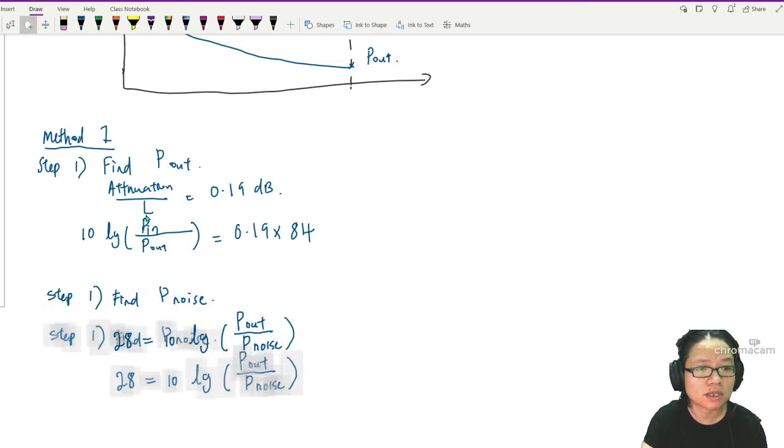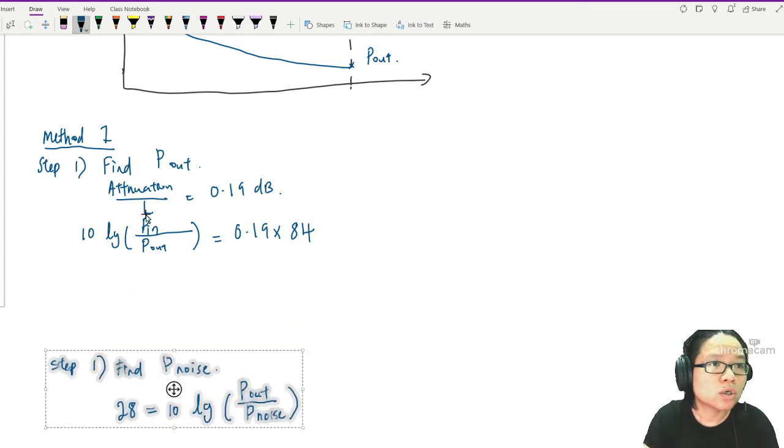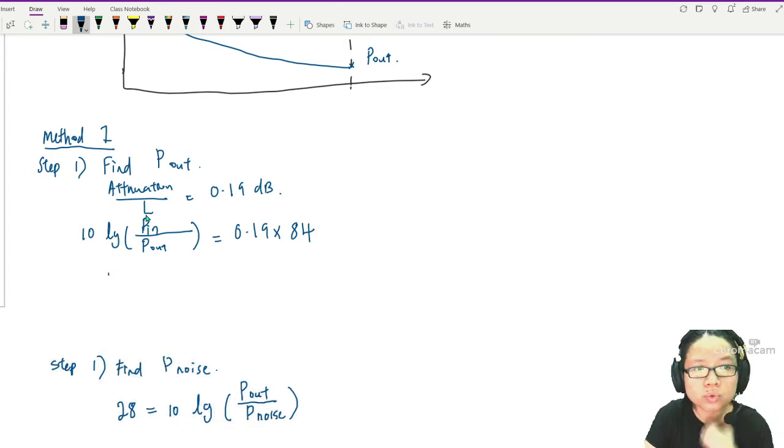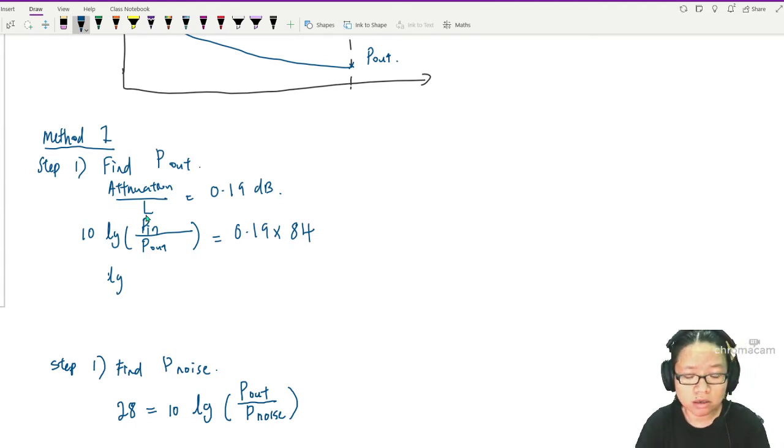All right, so I'll do that now. I've showed you how to press the calculator using the previous example, so now I'm not going to do that. I will just quickly find the value of 10 to the power of 0.19 times 84 divided by 10.